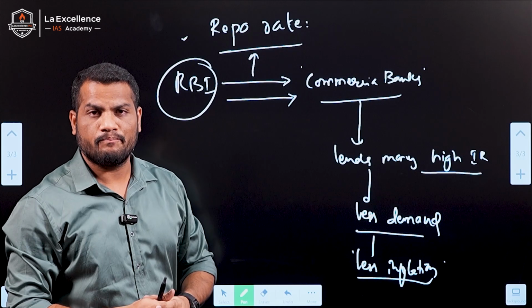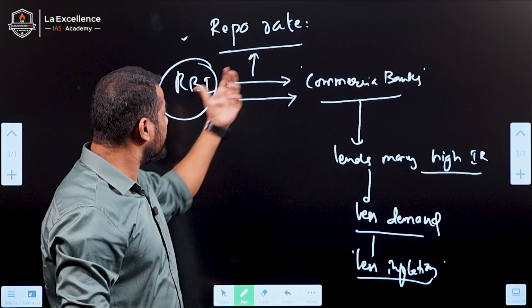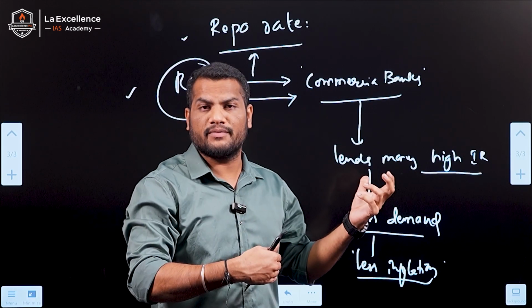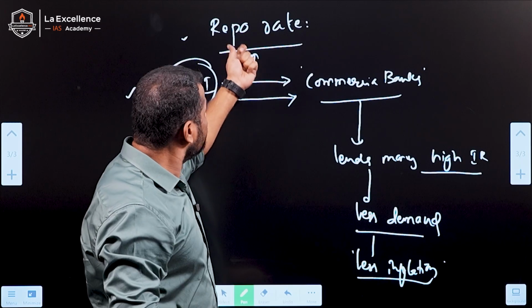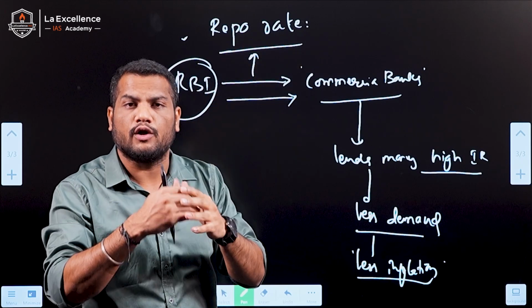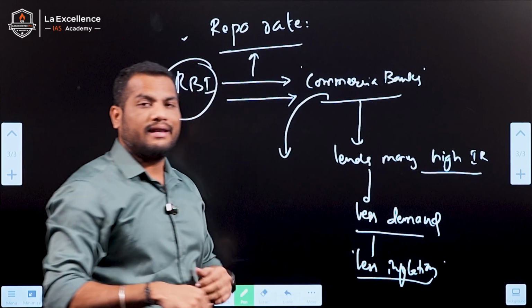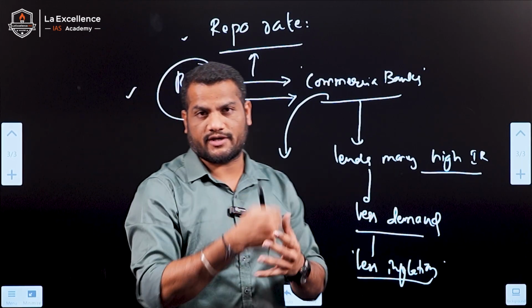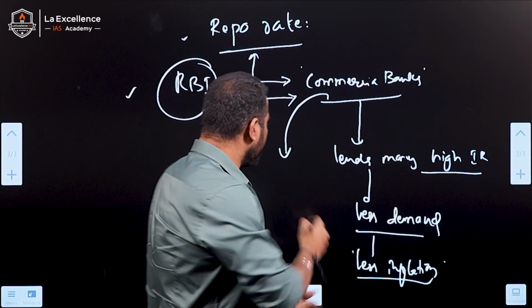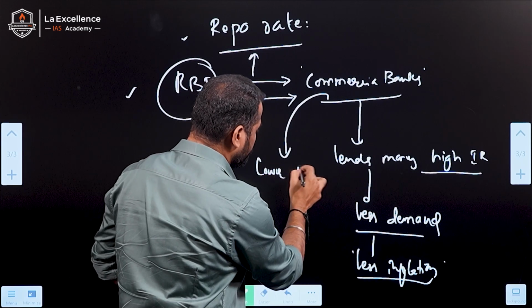Because the repo rate is very low, commercial banks borrow more from the RBI. In this case, the banks lend to consumers at a low interest rate. Here is the high interest rate, here is the lower interest rate.